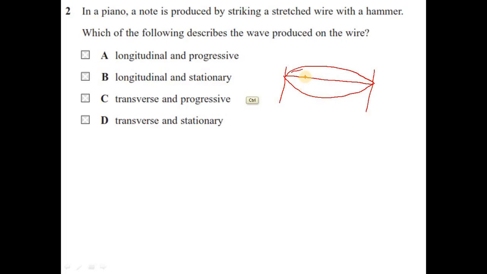And of course, particles oscillate perpendicularly, so it is a transverse wave. So the option must be transverse and stationary.